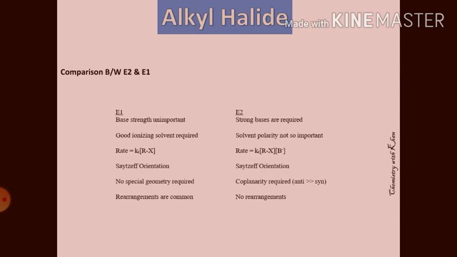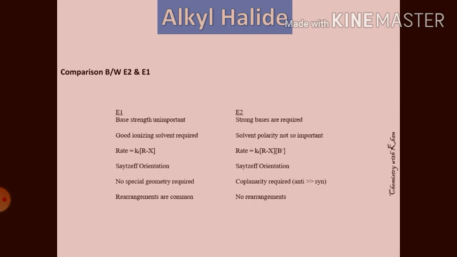Comparison between E2 and E1 reactions. For E1, base strength is unimportant, but for E2 a strong base is required. A strong base will favor the E2 reaction. For E1 a good ionizing solvent is required, while for E2 solvent polarity is not important.